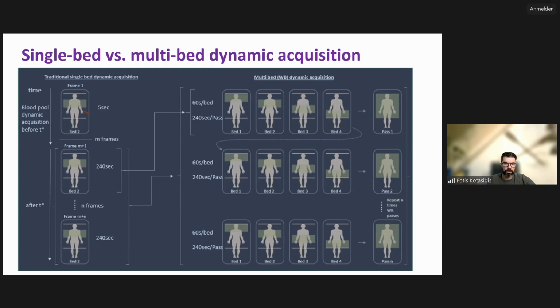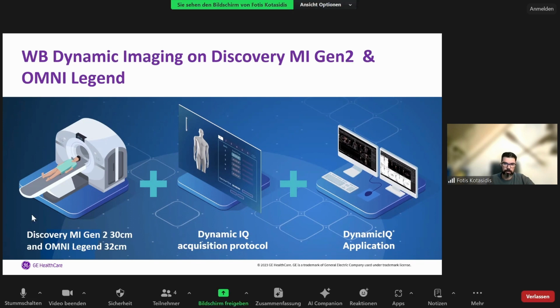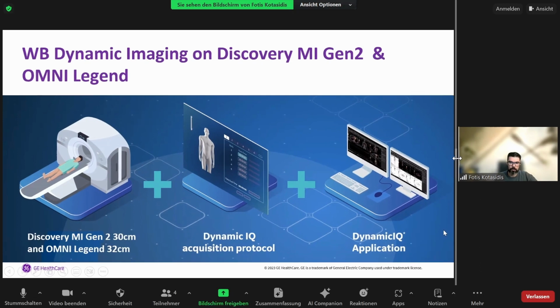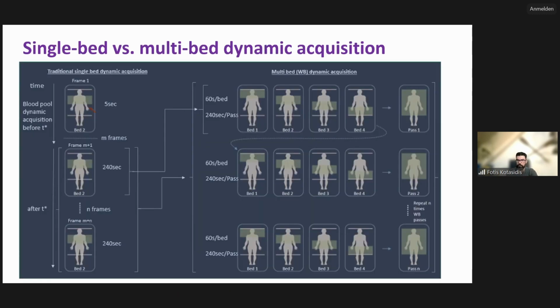input function. So like I said, we developed our own software solution for Patlak graphical analysis. Our solution is based on acquiring the data on the scanner and then using a post-processing application on our AW workstation to analyze and get your parametric images for Ki and volume of distribution.